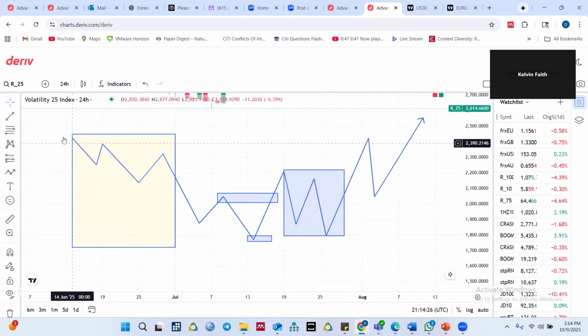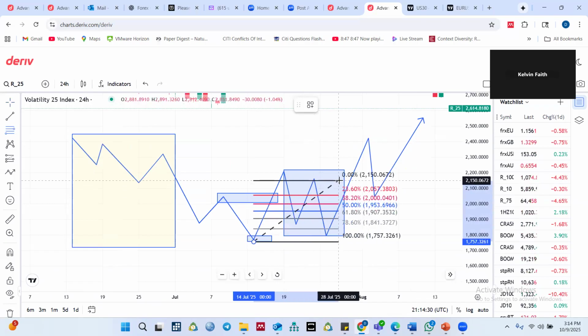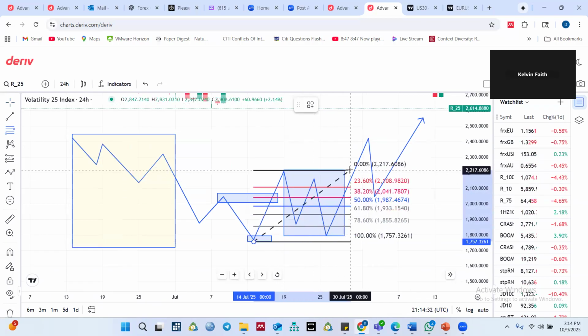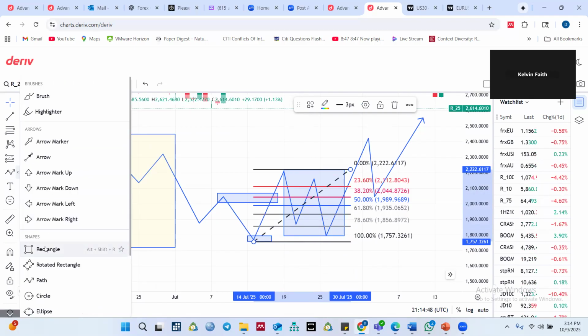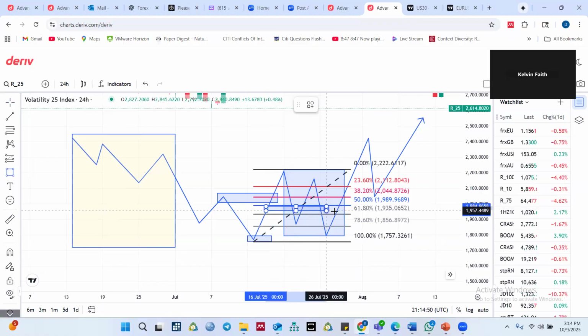Normally that is the next concept I will teach, but we use what we call the Fibonacci to measure this range from where the impulsive move stopped, and we can track the pullback or the retreat, the corrective move. We target below 50%, always. Below 50% is discount when you want to buy.